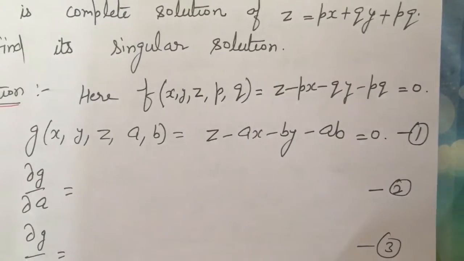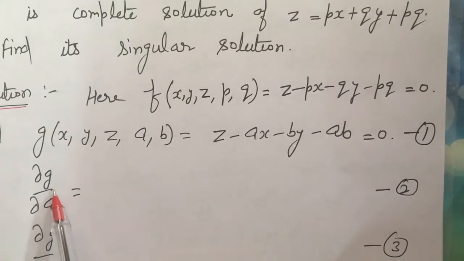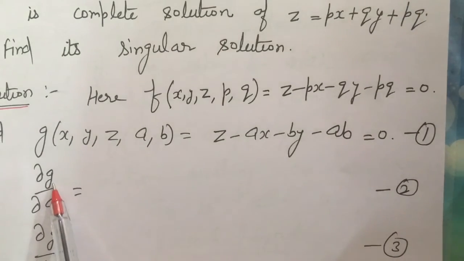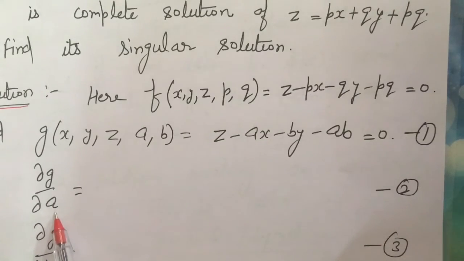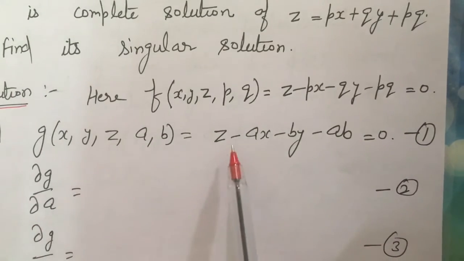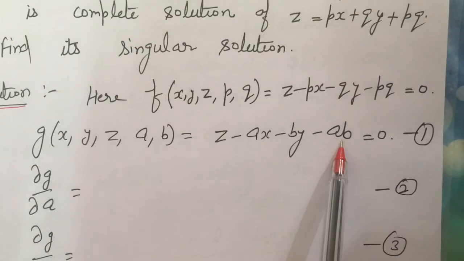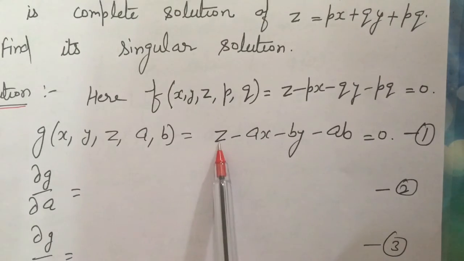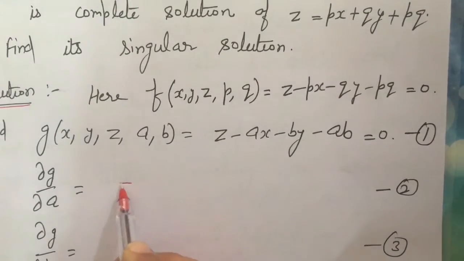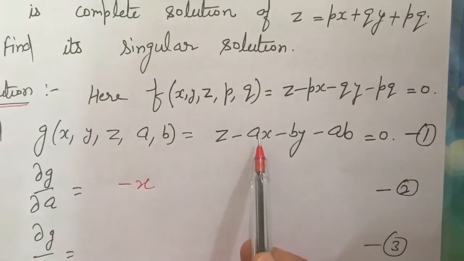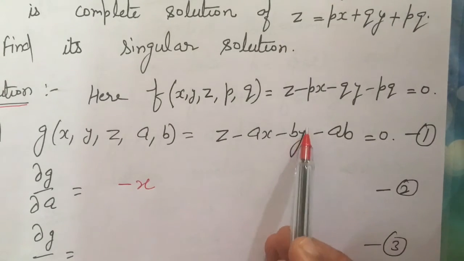Now, to find the singular solution, we take the derivative of g with respect to a. When differentiating with respect to a, all the other variables are treated as constants. The derivative of z, which is constant, is 0. Minus x is a constant term, and the derivative of a is 1.